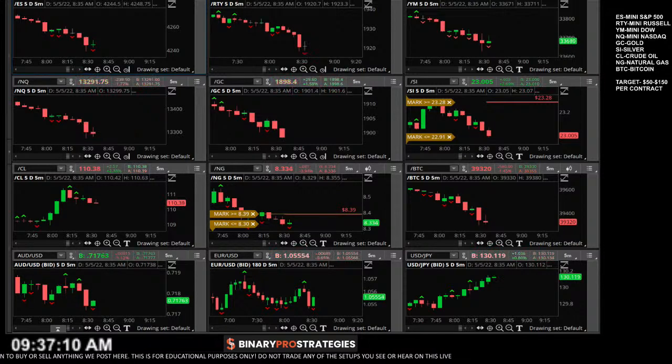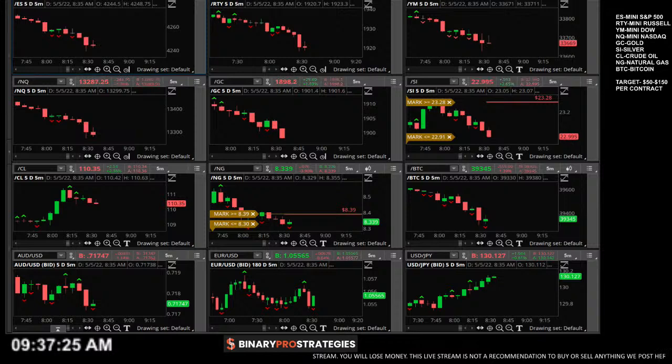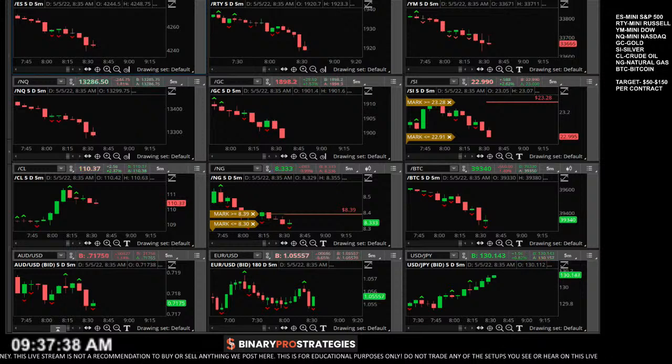Gold's going short. Getting a short on gold. Okay, that short on the gold came in at 19 even, 1900. Target is going to be 1896.